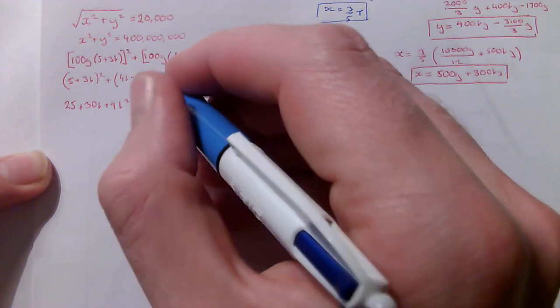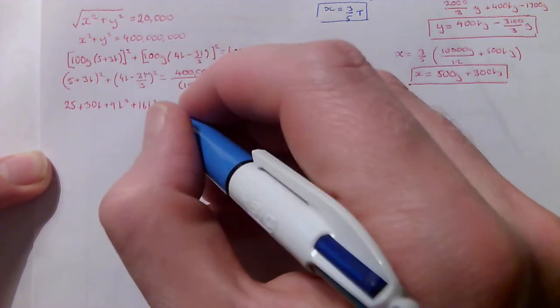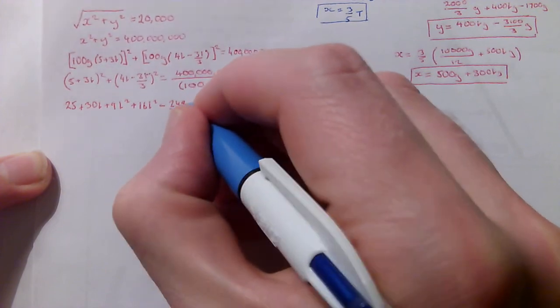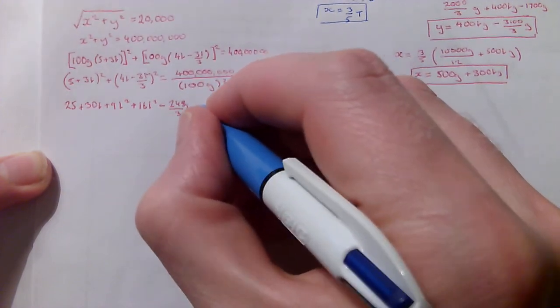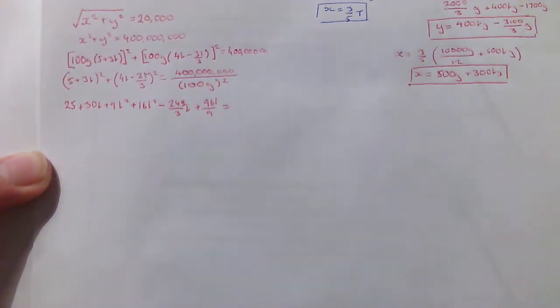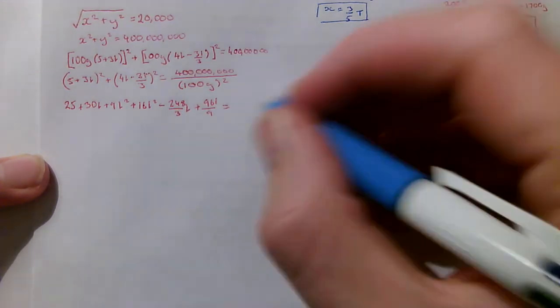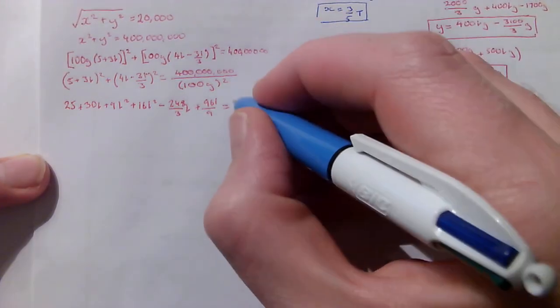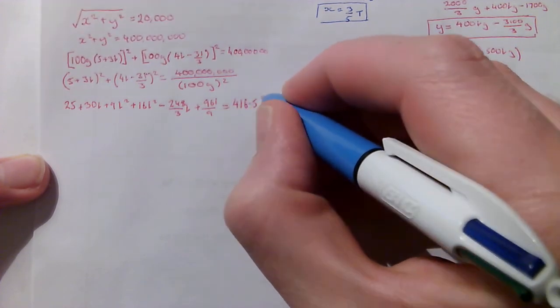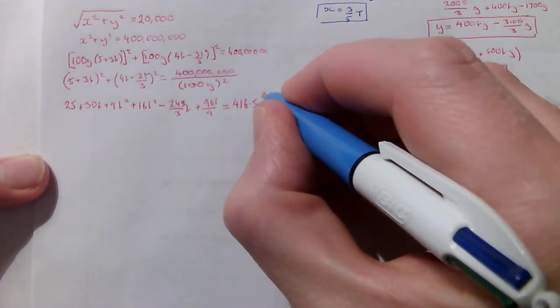You get that twice, so minus 248 over 3L plus 961 over 9 equals, we're going to have to work out what 400 million over 100G squared works out as, 416.5. Again, I'd make sure that you save that value onto your calculator. I'm just going to store it in A.